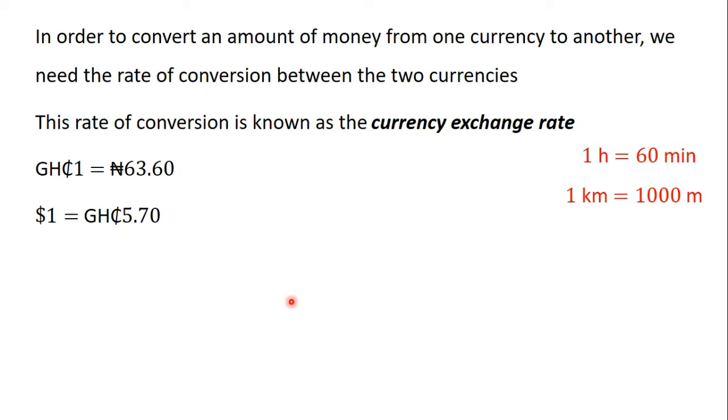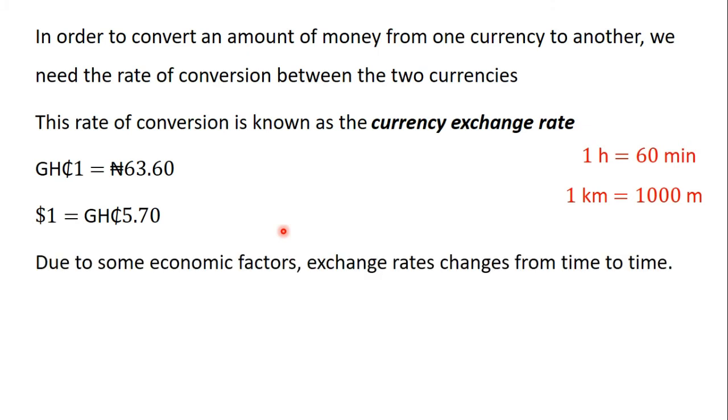Now, let's learn something very important about currency exchange rates. Due to some economic factors, exchange rates change from time to time. The rates of conversion that we have considered in the previous videos are constant. They do not change.